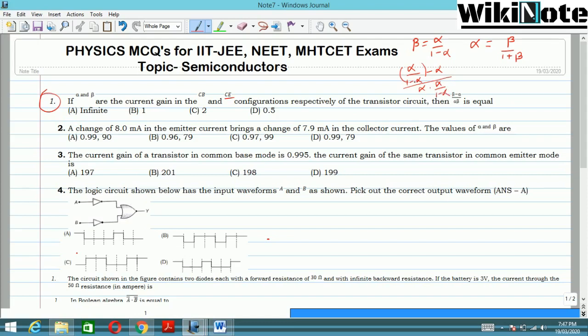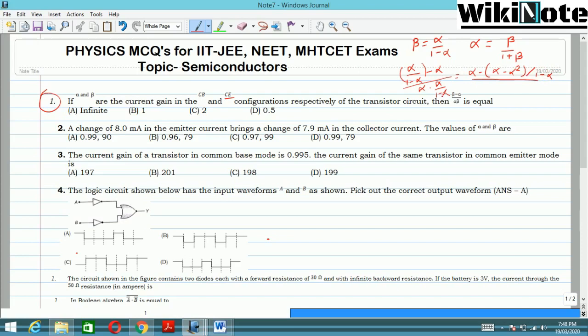Now if I perform a cross multiplication at the numerator place, it becomes alpha minus alpha multiplied by 1 minus alpha, so alpha minus alpha square, the whole term divided by 1 minus alpha. So this is over 1 minus alpha at the numerator place.